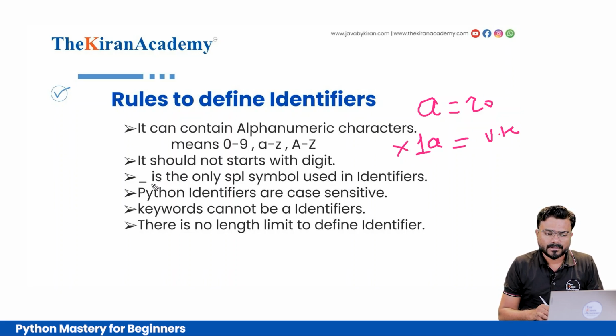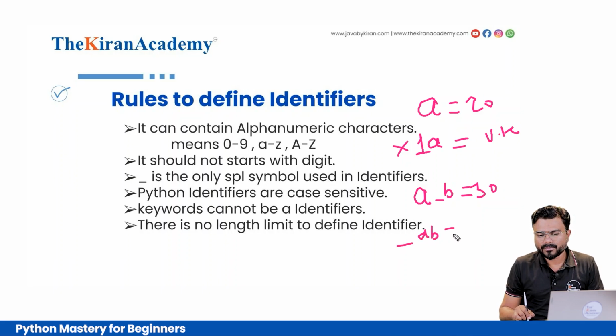The next rule is that underscore is the only special symbol used in identifiers. So if I define a variable a_b is equal to some value like 30, it is allowed. If I use _ab is equal to some value, that is also allowed.